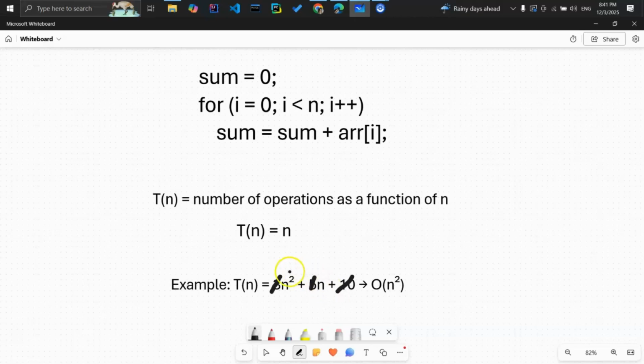What is the lower order? I taught this before. The lower order is n, therefore we should ignore it. Remaining this. Therefore, the time complexity should be this.